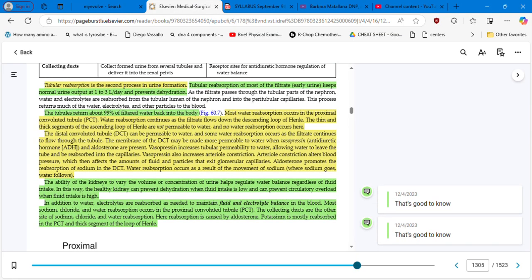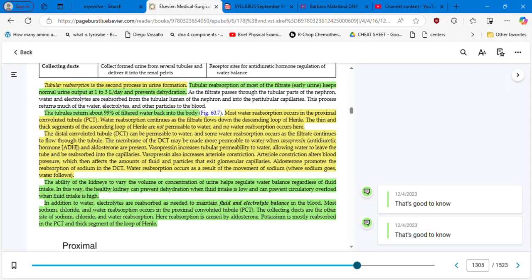Most water reabsorption occurs in the proximal convoluted tubule. Water reabsorption continues as the filtrate flows down the descending loop of Henle. The thin and thick segments of the ascending loop of Henle are not permeable to water and no water reabsorption occurs here. So let me repeat this because it's important.